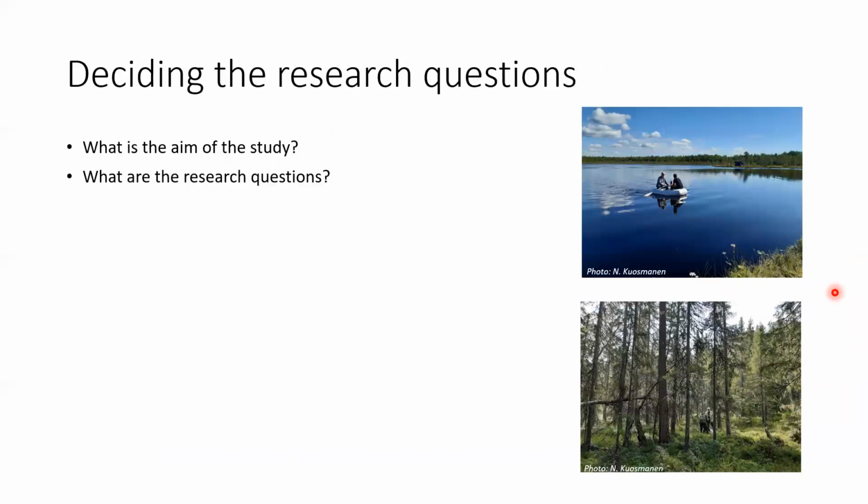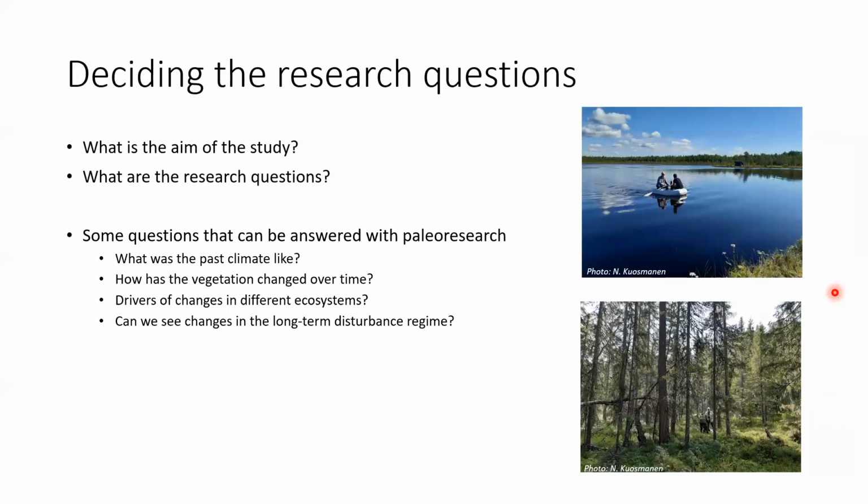So basically, before we go on with the research, we usually have an idea. So what do we want to study? What are the research questions that we would like to answer with the research? And then when we've decided that, we will go on with the research. And here are just some questions.